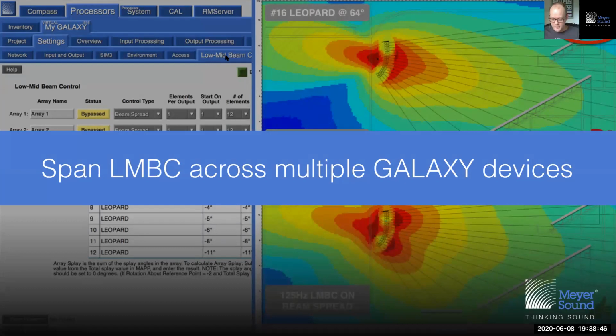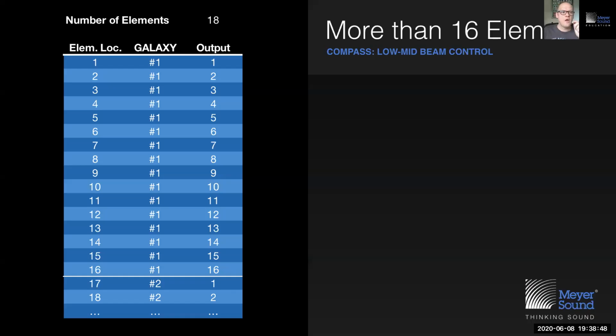across multiple Galaxies. Okay, over here we have 18 elements. After all, our Leo is 18 elements tall. But I only have 16 physical outputs on a Galaxy device. So notice that the first 16 loudspeakers of the Leo array are wired through output 1 through 16 of Galaxy number 1.